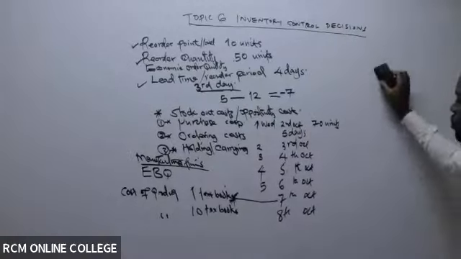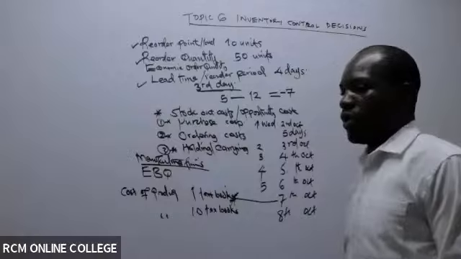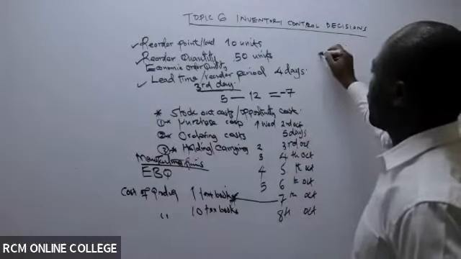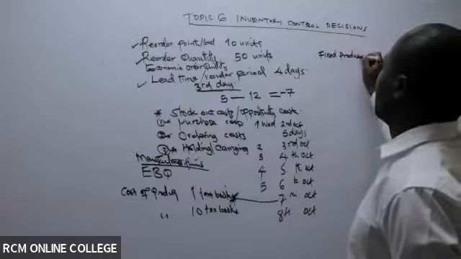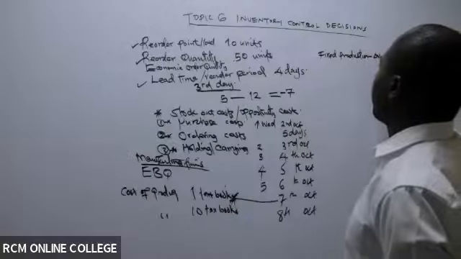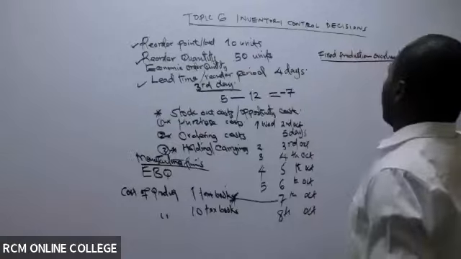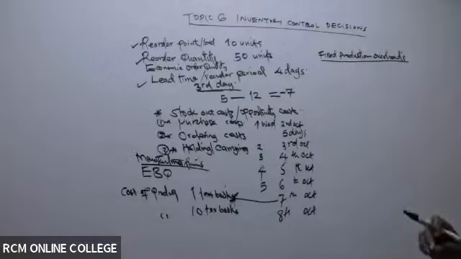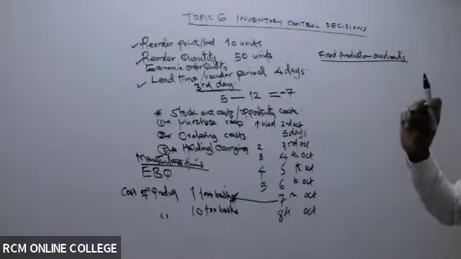The difference between those two methods is basically how we are going to deal with the fixed production overheads. The manner in which we are going to deal with the fixed production overheads will determine whether we are applying marginal or absorption costing method.